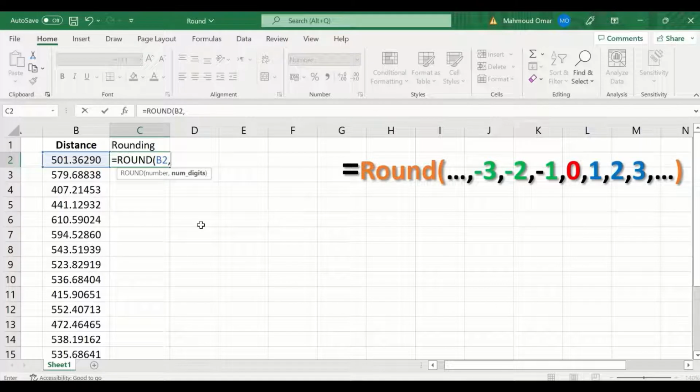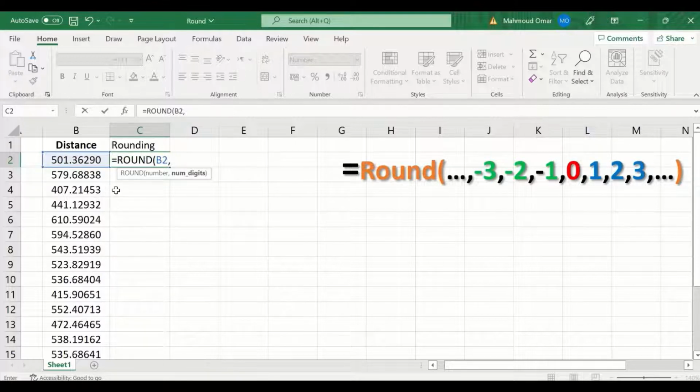the decimal, or to round the decimal to the nearest whole integer by using the 0 value, or rounding the number to the left of the decimal, whether 1 place to the left of the decimal, 2 places to the left of the decimal, or 3 places, and so on.